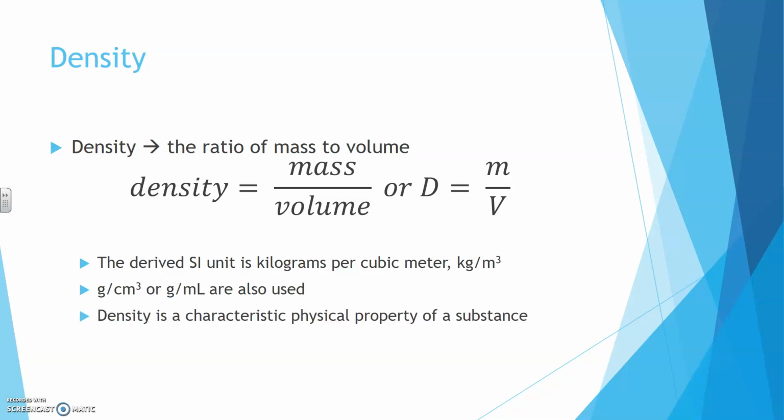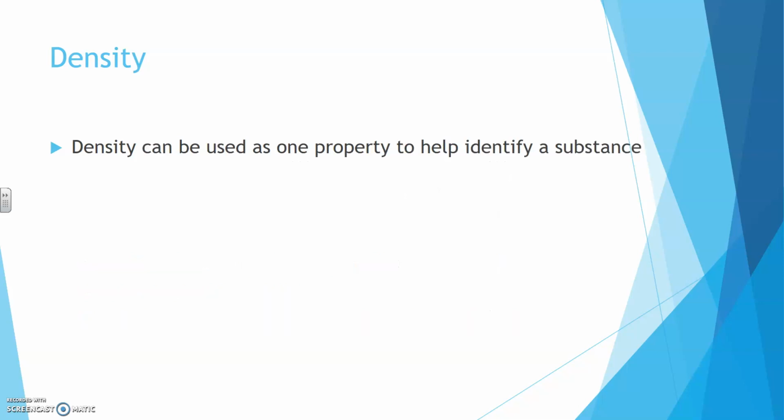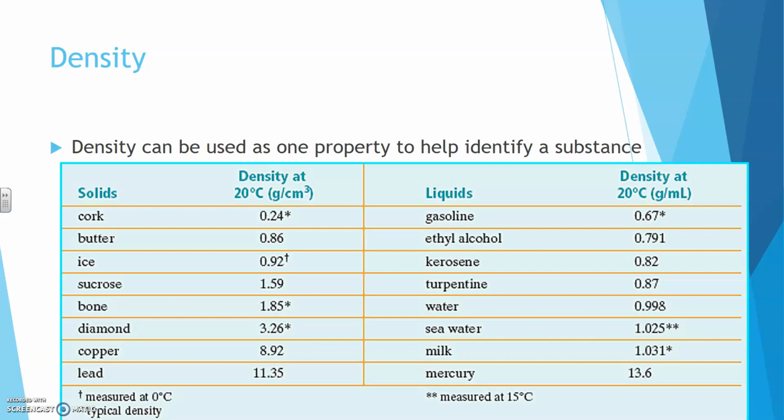And then density is actually really useful because it is a characteristic physical property of a substance, meaning it is one of those properties you can use to identify an unknown substance. So, for example, we've got a list of different densities of some common compounds.